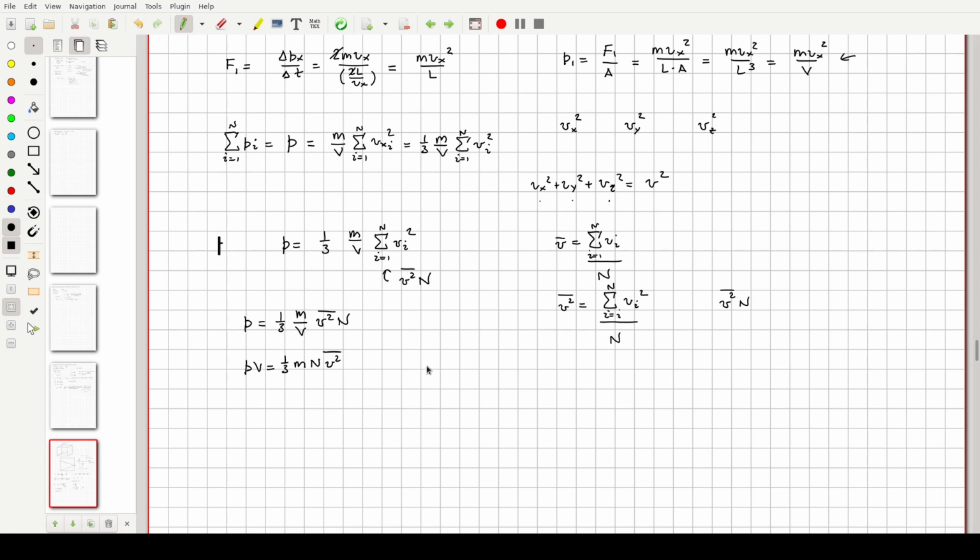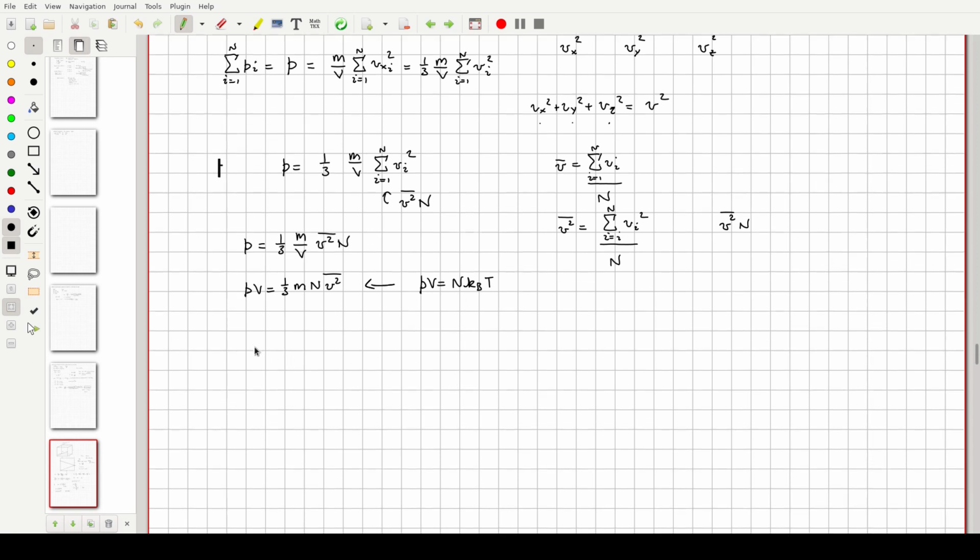And I'd like to point out that one of the versions of the ideal gas law is that PV is equal to capital N times k sub B times T. And what I'm going to do is to plug this into this. That's on the left-hand side.